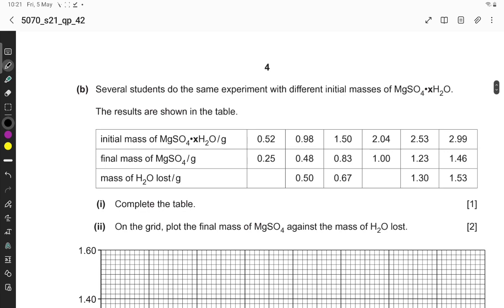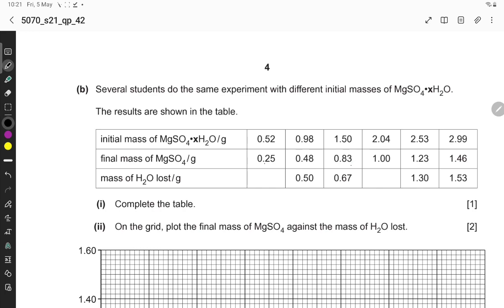Several students do the same experiment with different initial masses. The results are shown. So initial mass and final mass: 0.25 and 0.48, 0.83.